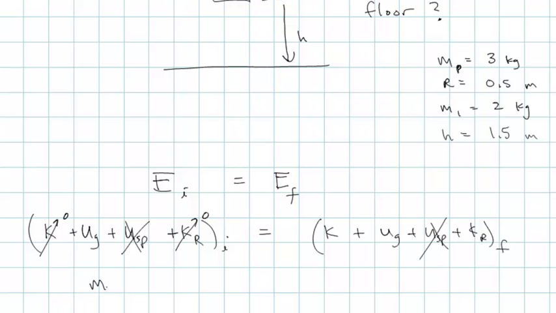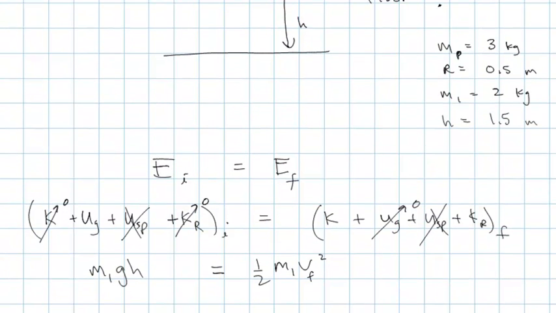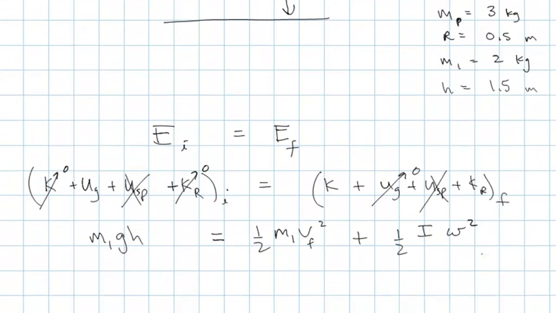So this is going to be M1gh. And at the end, I've got M1 moving. It's now at its lowest point, so I'm going to call that zero gravitational potential energy. And I've got something rotating. So I have 1/2 I omega squared, K rotational, for my pulley.